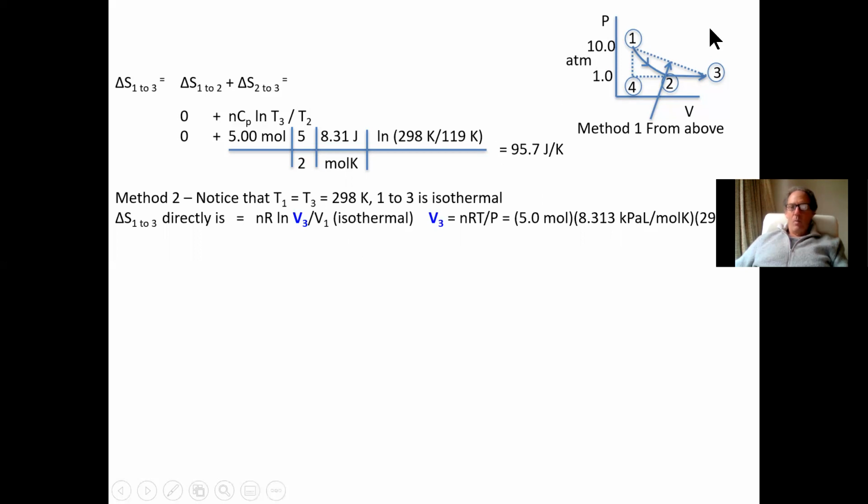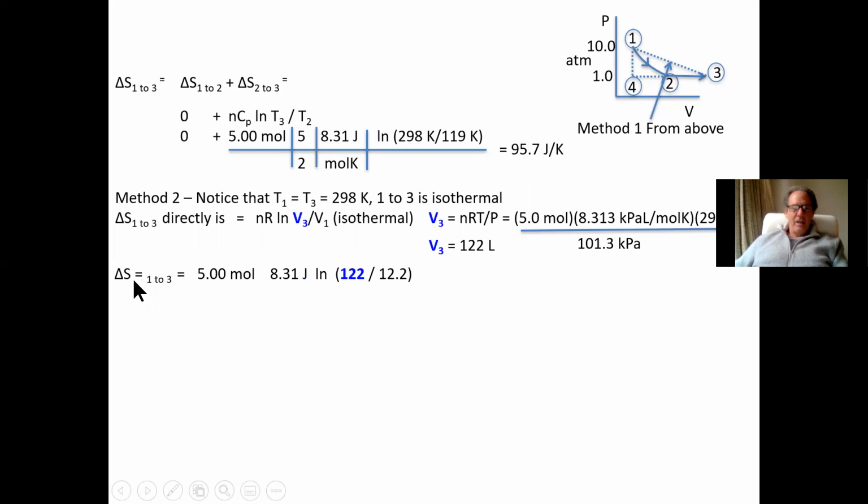Because from 1 to 3, the path, which is isothermal, is simply nR ln V3 over V1, the change in volume, isothermal. So we have to find V3. Well, V3 is nRT divided by P. So we know what V3 is. It's 122 liters. So once we know that, we can calculate the delta S, the change in entropy, for stage 1 to 3.